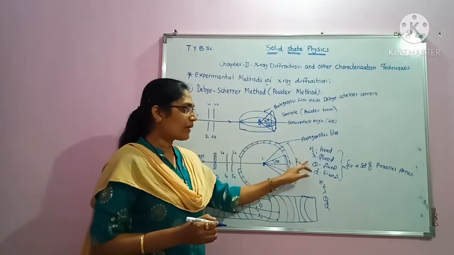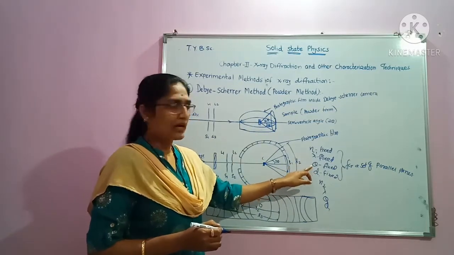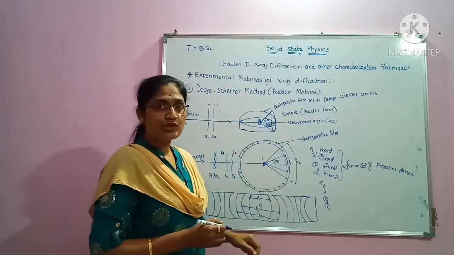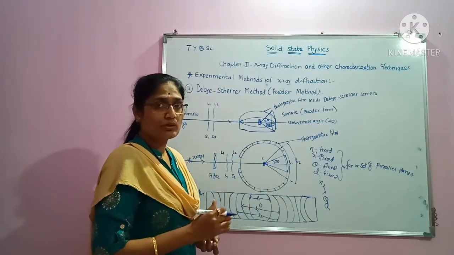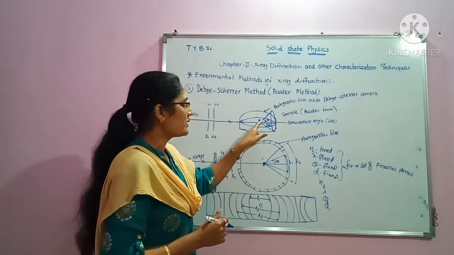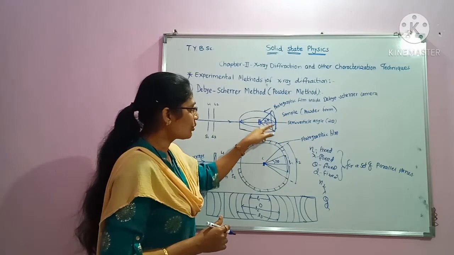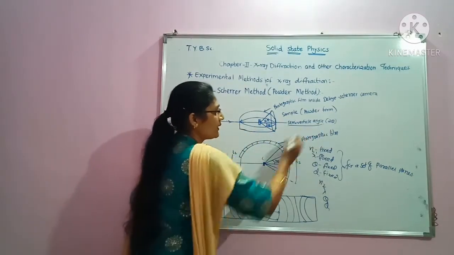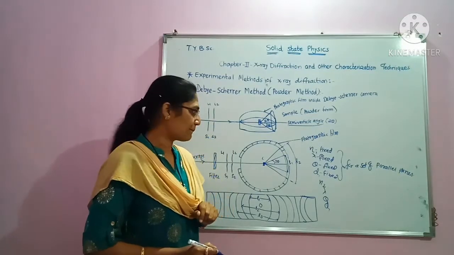So for a set of parallel planes the glancing angle is theta, then the cone formed due to the reflection of X-rays from that set of parallel planes has a total angle of 4 theta, and the semi-vertical angle has the value 2 theta.